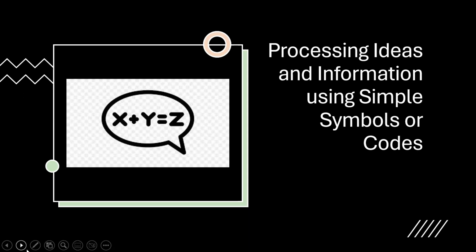So first, let's talk about the difference between processing information by using simple symbols or codes. With classical cognitivism, we can use various symbols and manipulate them into helping us produce maybe a rule, and even give us an overall answer by continuously using that rule.